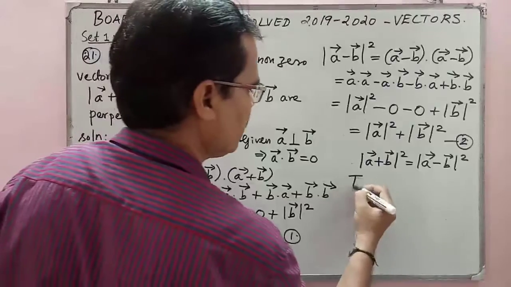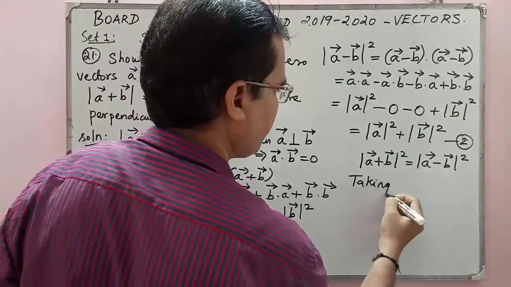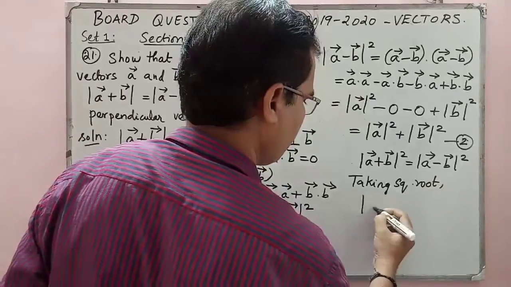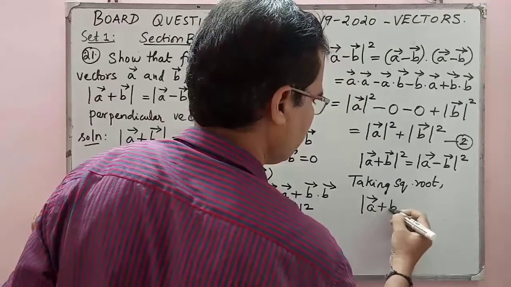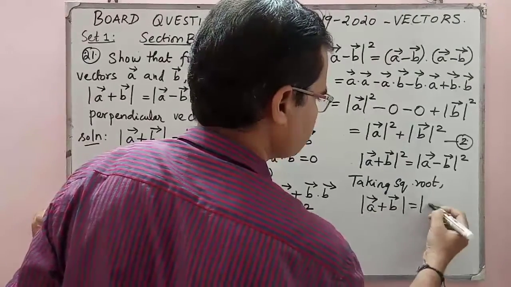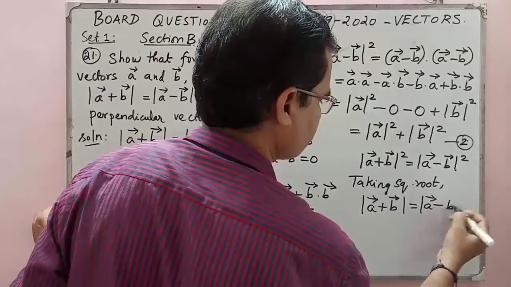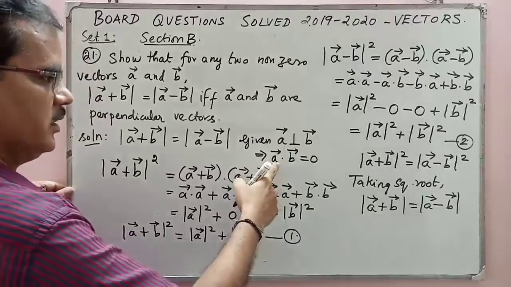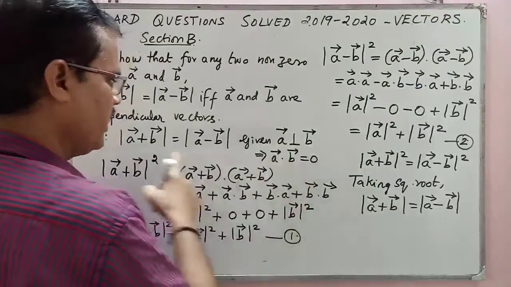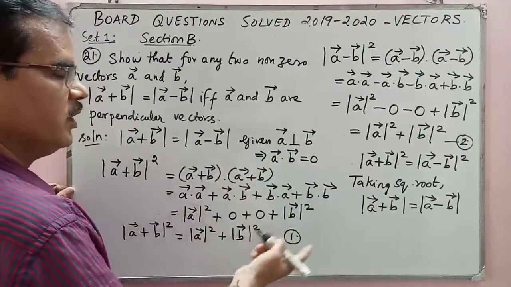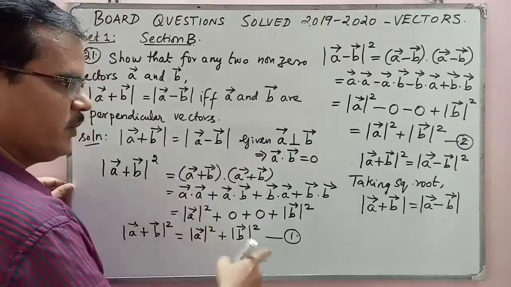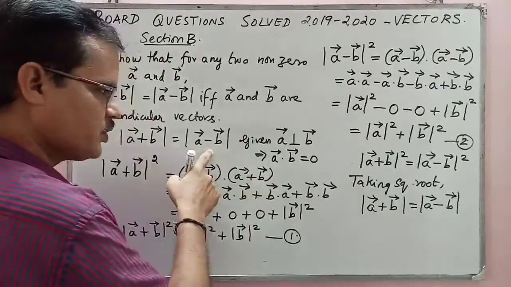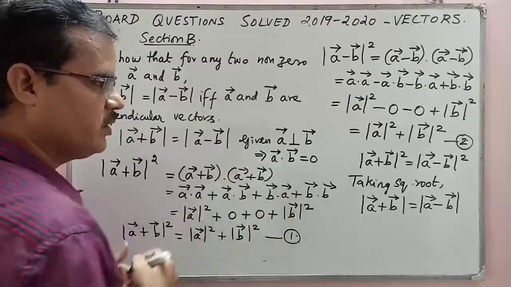Now taking square root on both sides, we have modulus of A vector plus B vector is equal to modulus of A vector minus B vector, proved. So we have taken A vector perpendicular to B vector and we have proved this. Now we are going to do the converse part. This is one part. In the converse part we are going to take this as true, then we are going to show A dot B equals 0.